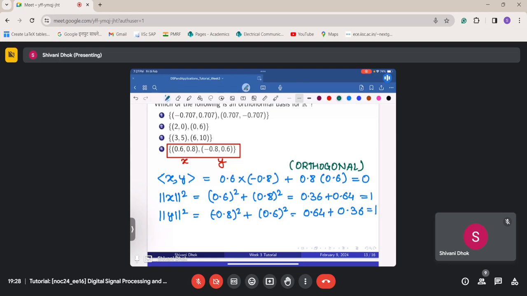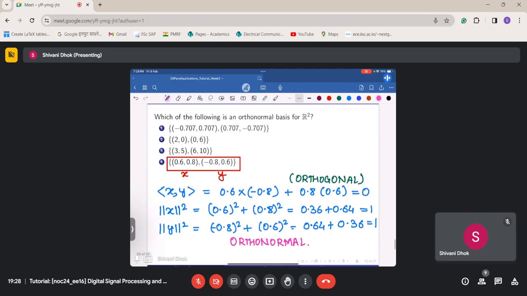So therefore, these have unit norm, and that's why this is orthonormal. Since these are orthonormal, this thing forms an orthonormal basis. Any questions?